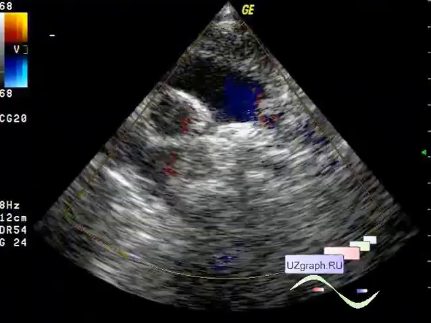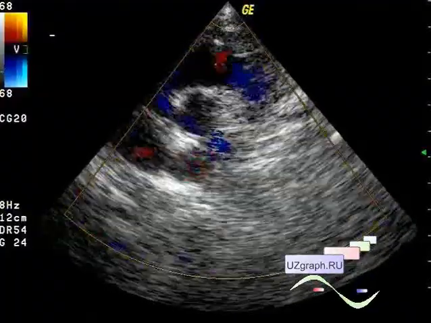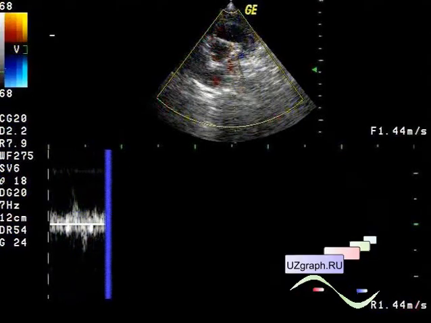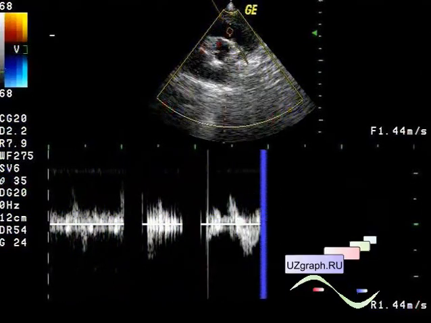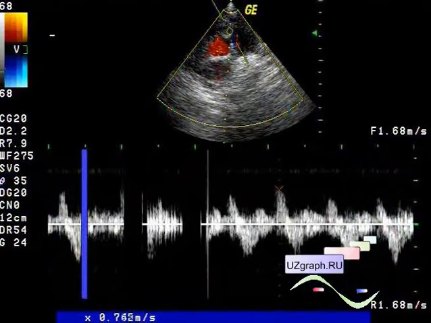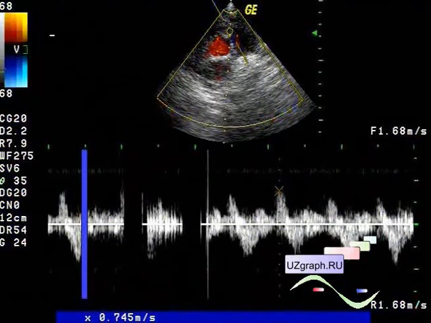For spectral Doppler, often we use pulse wave, and sometimes if velocity is too high, then we use continuous wave mode.